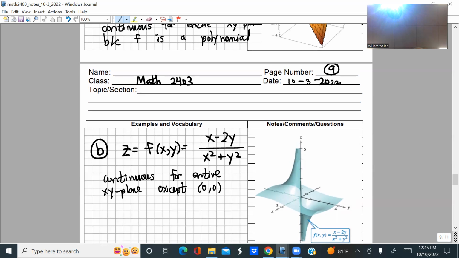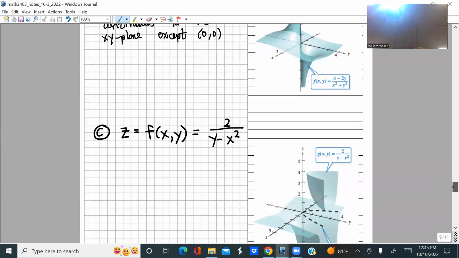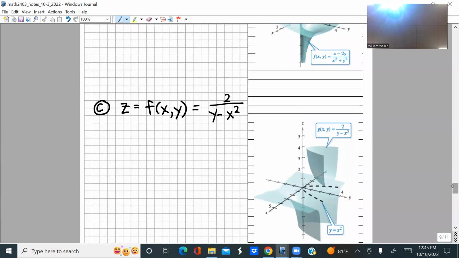Now, I think this next example is also a rational function. Yeah, it is, because you have a constant polynomial in the numerator and a polynomial in the denominator. So again, it's going to be continuous everywhere except for things not in the domain. And of course, you're going to be missing things from the domain where the denominator is 0.